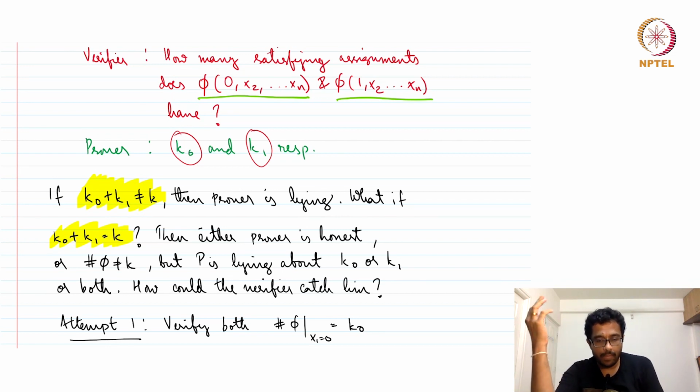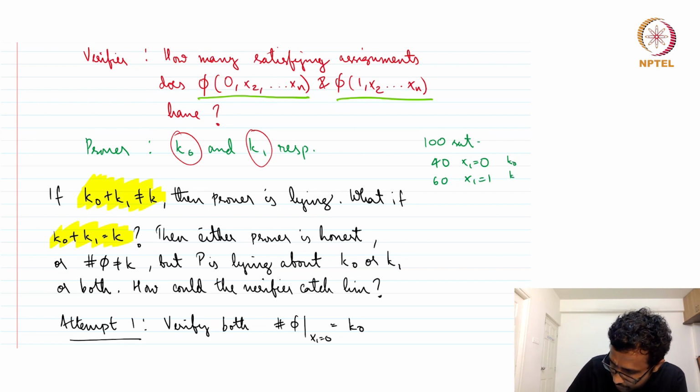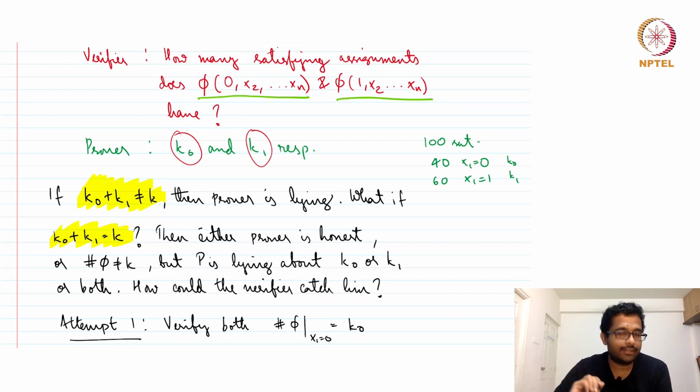So let's say, for instance, there are 100 satisfying assignments, 40 when x1 is 0 and 60 when x1 equals 1. Maybe I'll just write them by the side. So 100 satisfying assignments, 40 when x1 equals 0 and 60 when x1 equals 1. So this is k0 and this is k1. Now let's say the prover says 100 satisfying assignments.